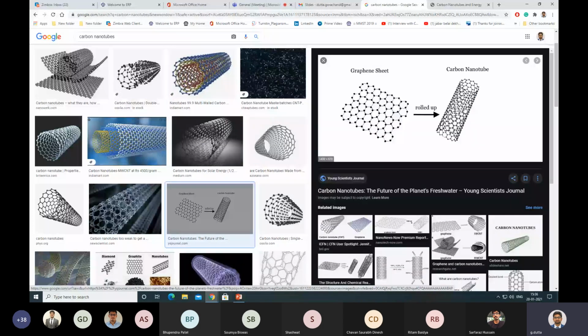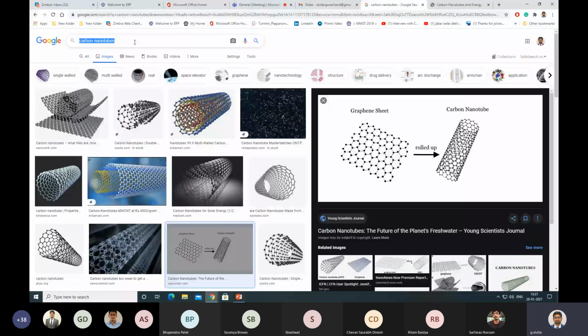Not only carbon nanotube, some carbon-based nanoparticles you can use, like graphene, like graphene oxide. This is another, a sheet-like structure. So on the graphene surface also you can form carboxylic acid group in this way.